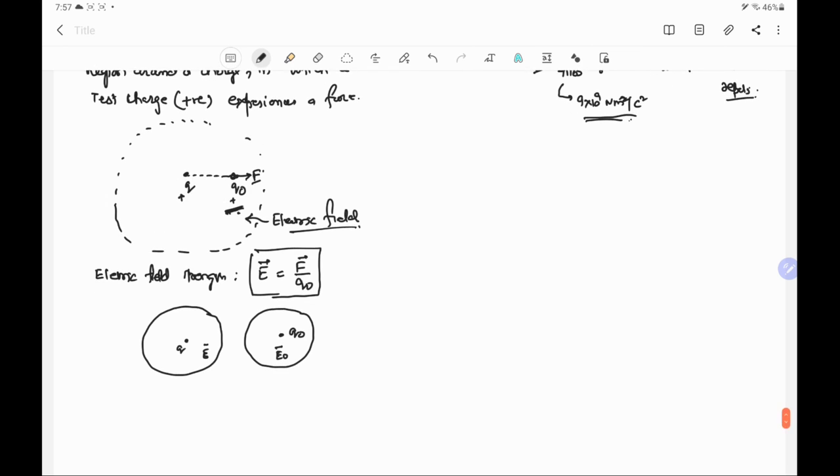That's why we have to keep this Q0 smallest. So a more accurate definition is E equals the limiting value, Q0 tends to 0, of F by Q0. That means we have to take Q0 as small as possible. This will give the more accurate value of the electric field strength.